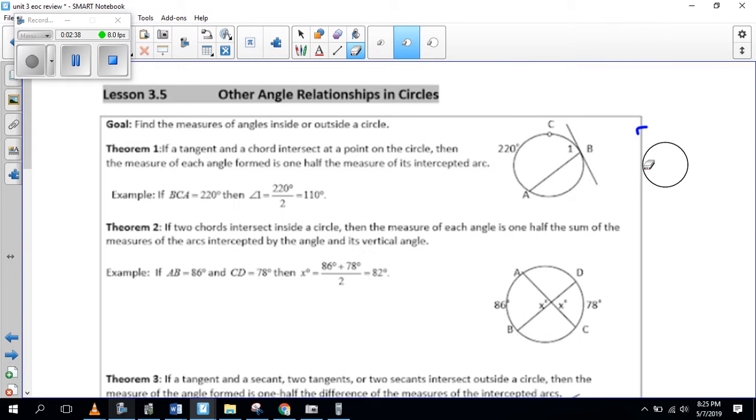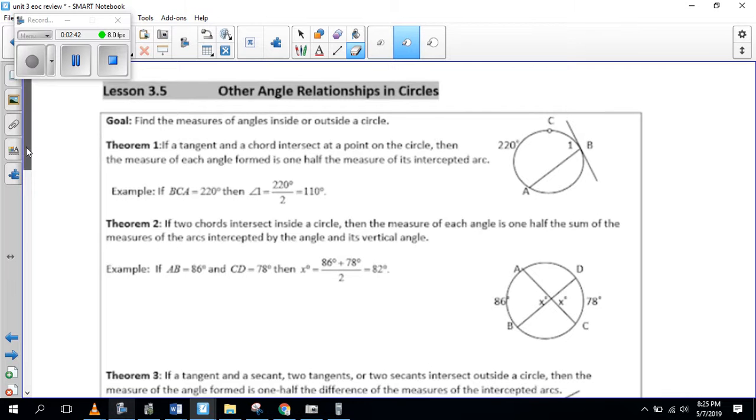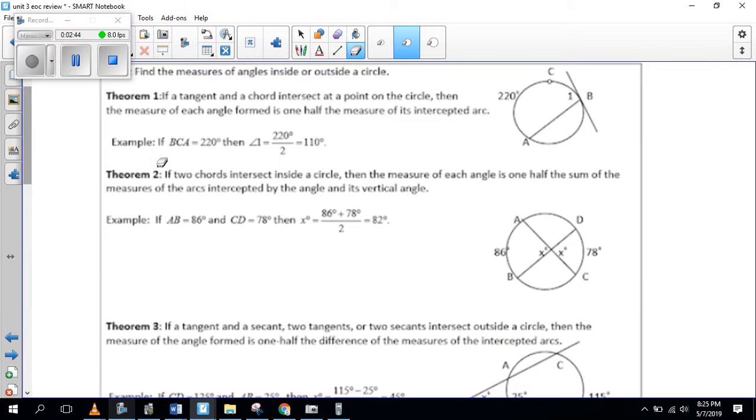So now let's look at our next theorem. It says if two chords intersect, so intersect means they cross, they come into each other, then the measure of each angle is 1/2 the sum of the measures of the arcs intercepted by the angle and its vertical angle. A lot of blah blah blah. But all you got to remember is the ones in the middle.